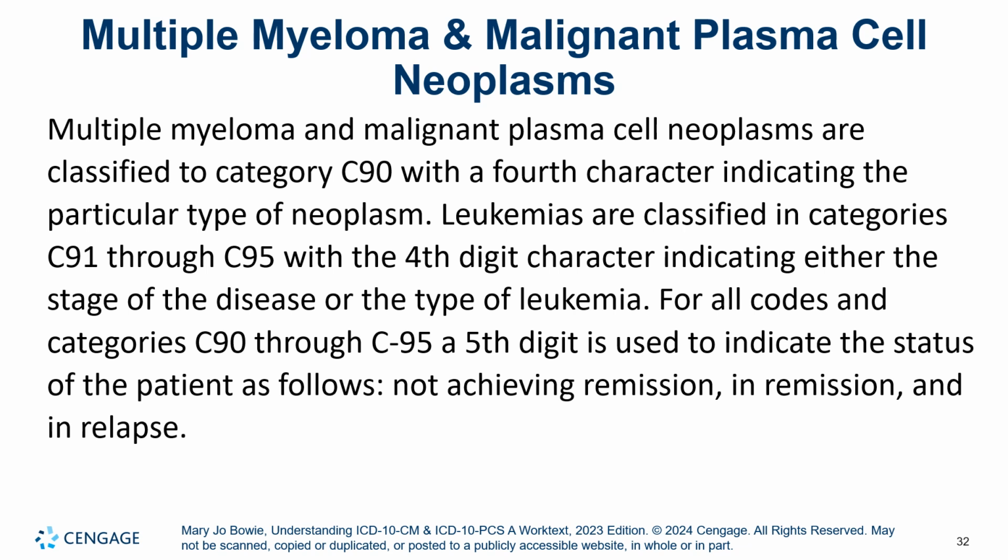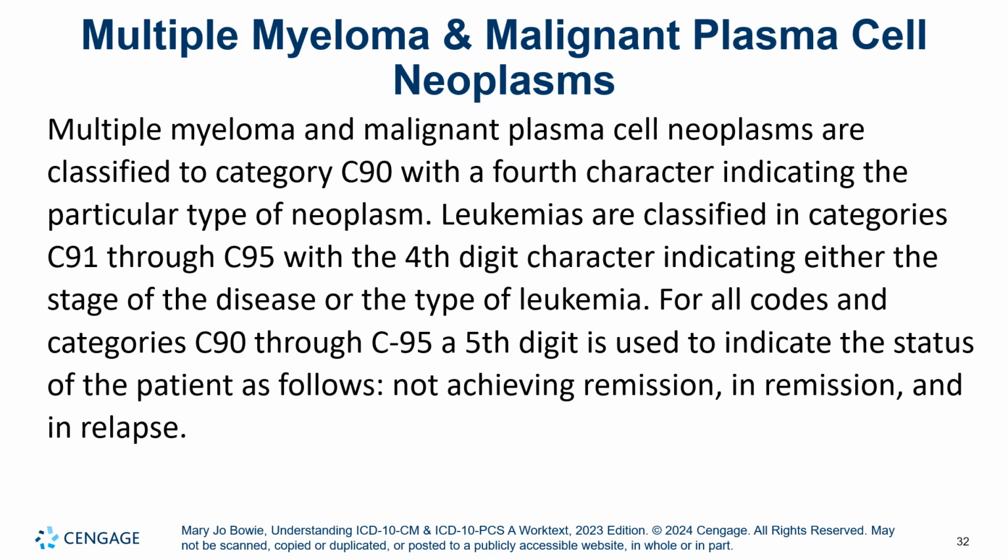Leukemias are classified in categories C91 through C95 with the fourth character indicating either the stage of the disease or the type of leukemia. And for all codes in categories C90 through C95, a fifth digit is used to indicate the status of the patient as follows: not achieving remission, in remission, and in relapse.